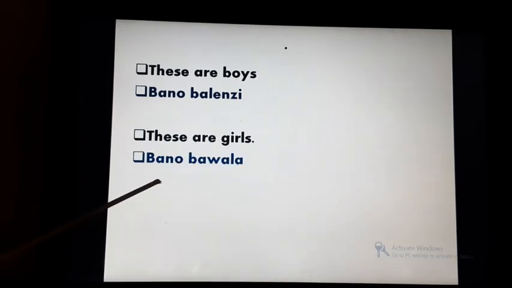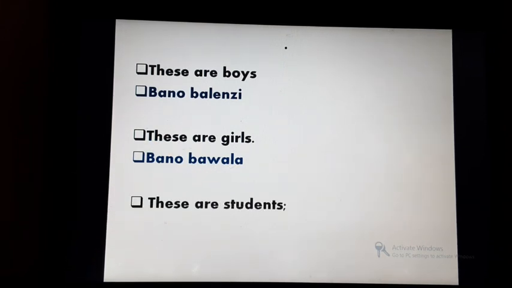Bano bawala. The next one. These are students. Students are also people. Bano bayizi. So for people we use bano or gino, as we've seen.